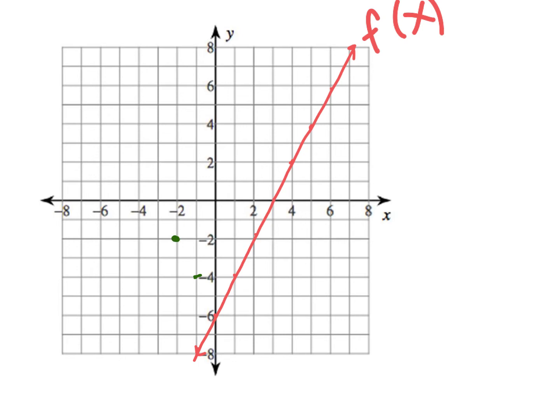The next point, I'm just reflecting right there. Then we'll go there. So I'm just reflecting every point across the y-axis. I'm going to draw that in. That gives us, this is our g of x.